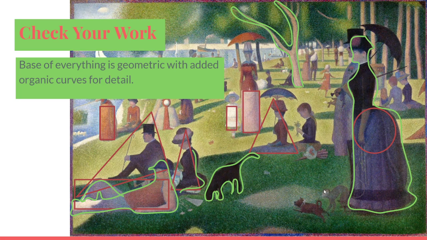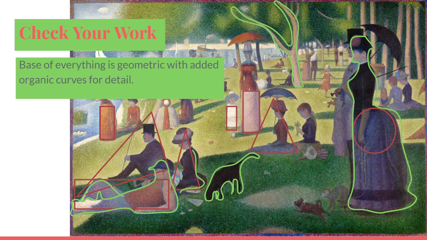We would use the geometric shapes to make our organic shapes. The angles of this man laying here are very organic, but he is very rectangular in shape overall, so he's kind of built in a rectangle and then expanded upon. So that's how I would talk about that.